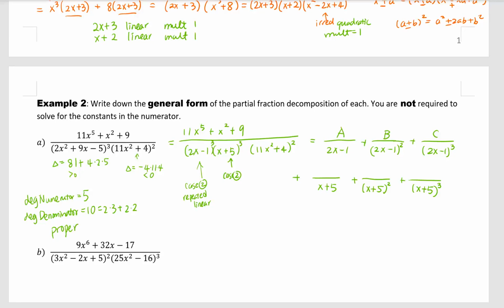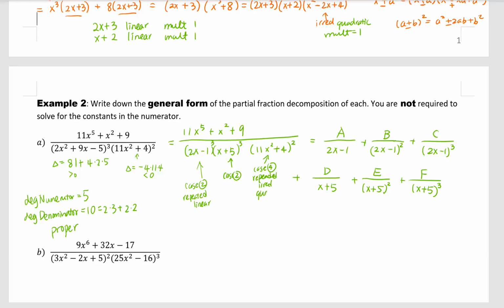Okay, A, B, C, D, E, F. Okay, you might want to sing the ABC song when you write the constants, okay? But make sure you don't have the same one. You don't repeat the constants. The next one is case 4. It's repeated.